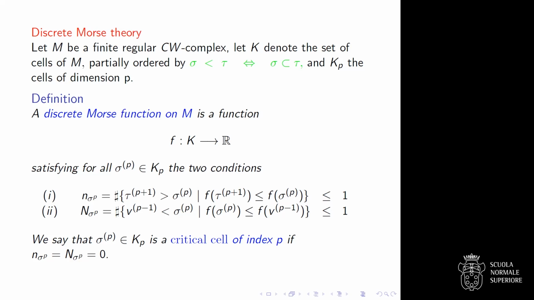For people who don't know this, the meaning is simply that if you have a CW complex and you can find a discrete Morse function on it, then you can collapse your complex to another complex, homotopically equivalent, so bringing the same information, in which the only surviving cells are the critical ones.